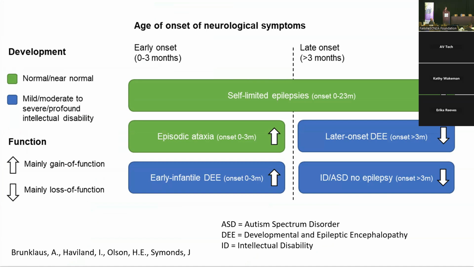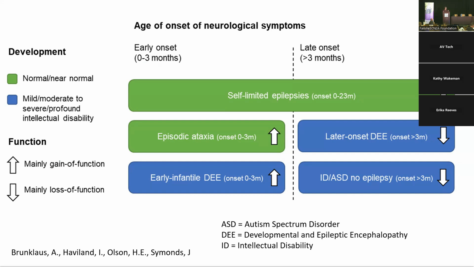It's imperfect and broad strokes, but a little bit of a big picture breakdown of where the epilepsy falls in the SCN2A spectrum. So there's the self-limited epilepsies, and what that means is that it usually presents in the first 2 years, often in the first few months with seizures, but the baby otherwise looks well.